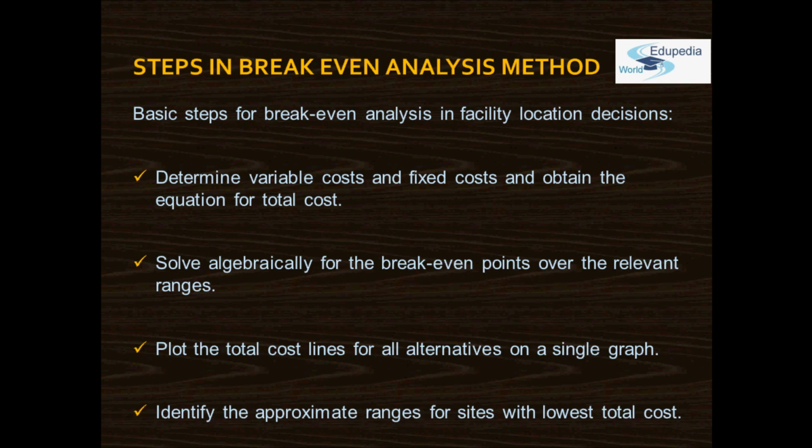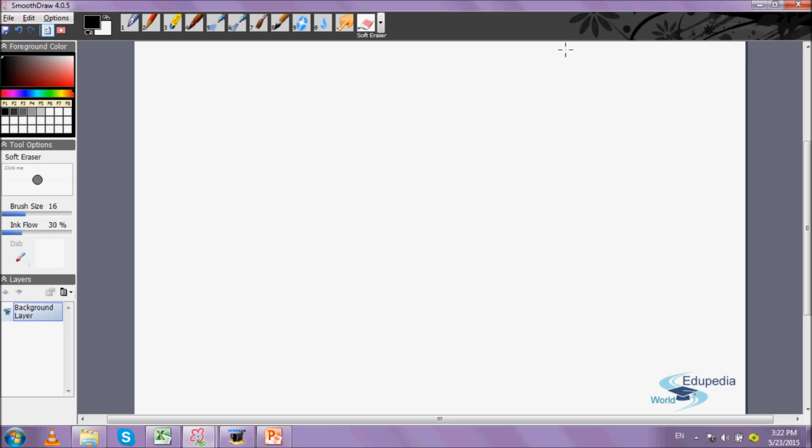Alright, and let's take an example. Let's say that the company has zeroed in on 3 different locations. Let me call them location P, location Q, and location R. So we have 3 prospective locations, P, Q, and R, and the various costs.